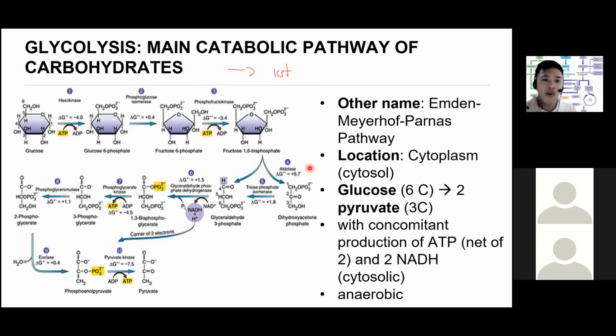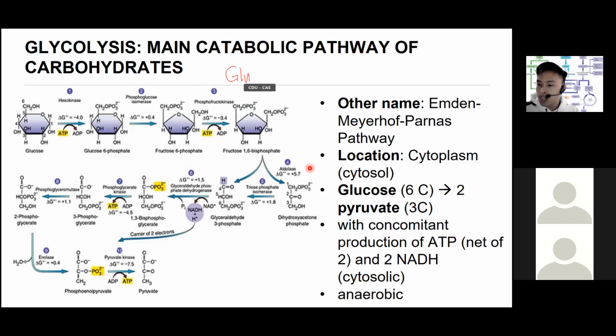Unlike the Krebs cycle and the electron transport chain, glycolysis occurs in the cytoplasm or in the cytosol. No, it does not occur inside the mitochondrion. This occurs in the cytoplasm of the cell. So your glycolysis is very, very simple, class.